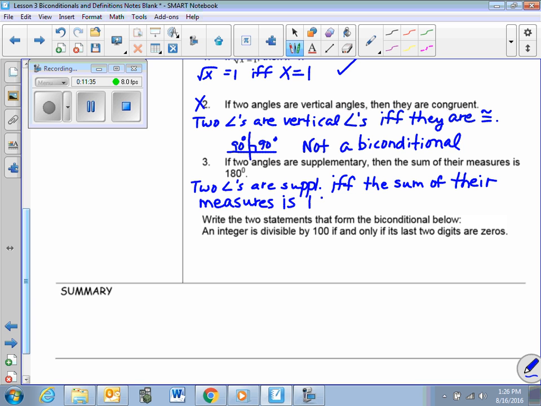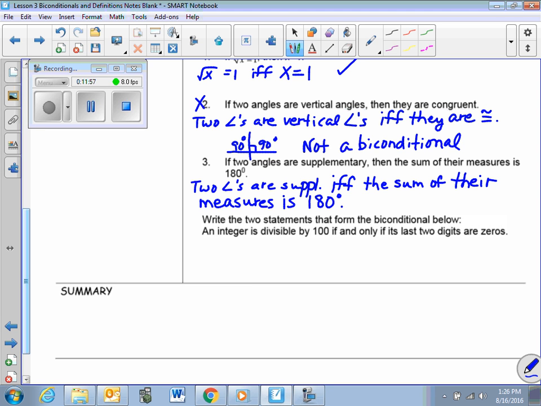So how do we decide if that's a good biconditional? Let's say it in reverse. The sum of two angles' measures is 180 degrees if and only if the two angles are supplementary.